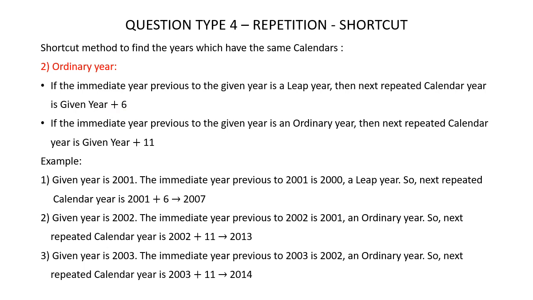If the immediate year previous to the given year is an ordinary year, then the next repeated calendar year would be given year plus 11. Now, there are exceptions for this rule. So let's now look at the exceptions of the rule.